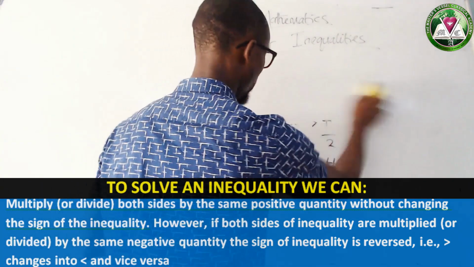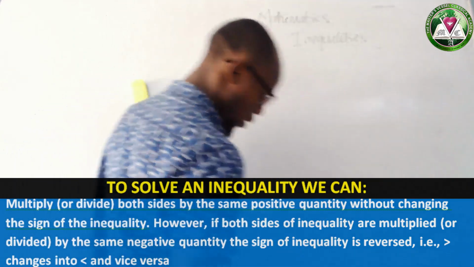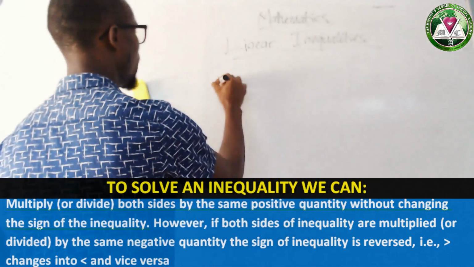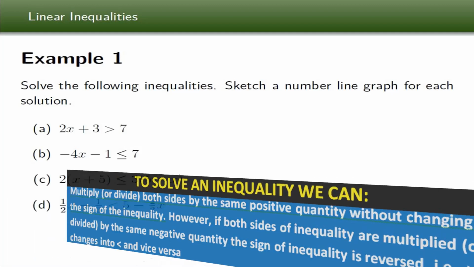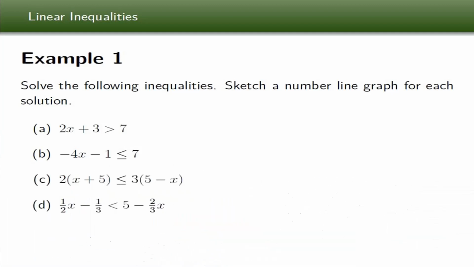In the next example, we have minus 4x minus 1 less than or equal to 7.